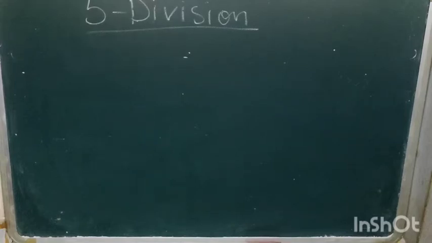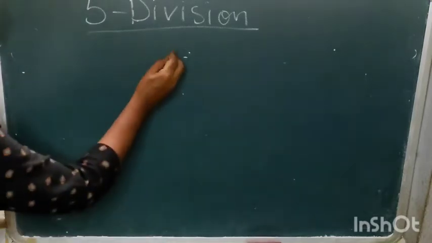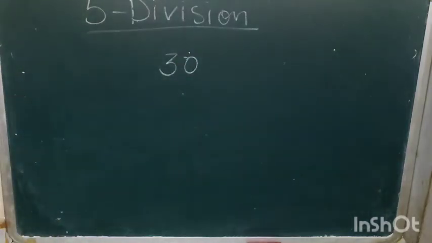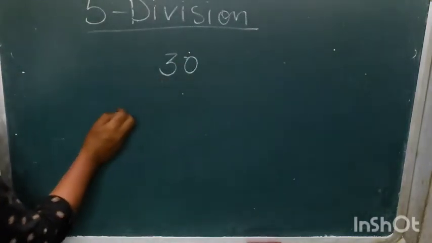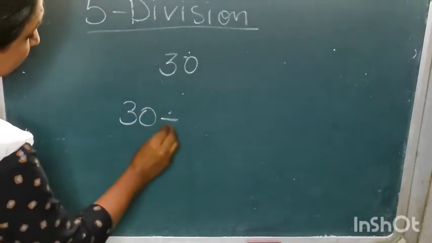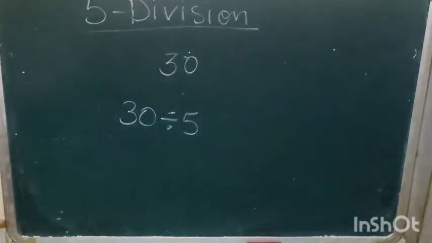Okay, so why do we do division? Actually, suppose you want to divide 30 children among 5 groups. So 30 divided by 5. We have to divide by 5.